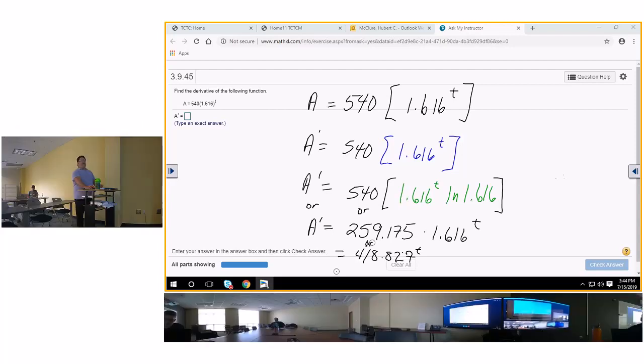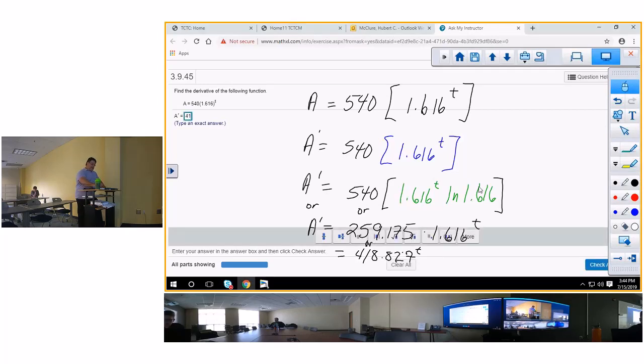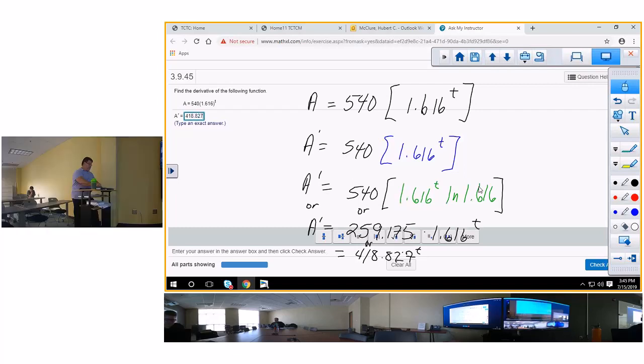In fact, let's type in, it says exact, so I don't know. Let's see what happens if I type, probably mark it wrong. 418.827 raised to the t power, shift t, probably have a cow.